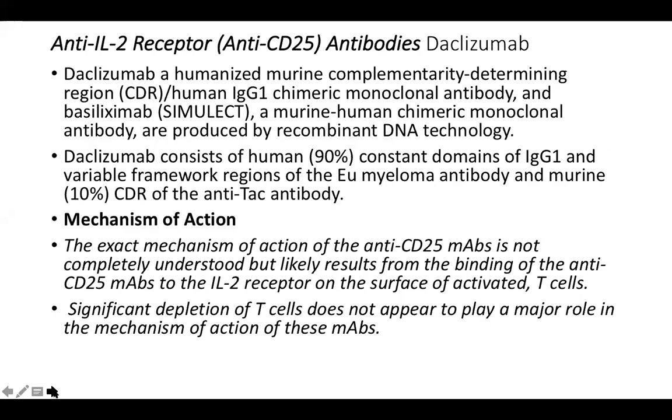Now other drugs: anti-IL-2 receptor antibodies, daclizumab and basiliximab. Daclizumab is a humanized murine complementarity-determining region, human IgG1 chimeric monoclonal antibody, and basiliximab is a murine-human chimeric monoclonal antibody produced by recombinant DNA technology.